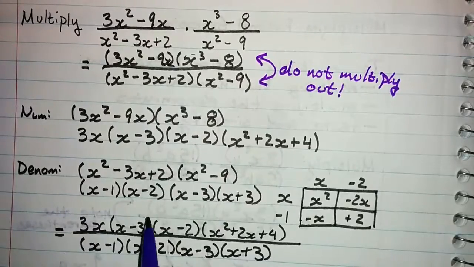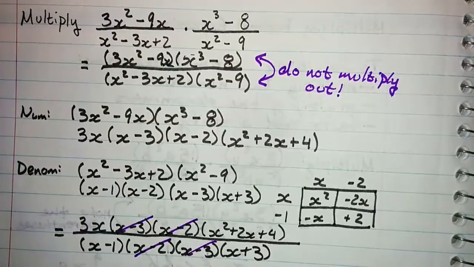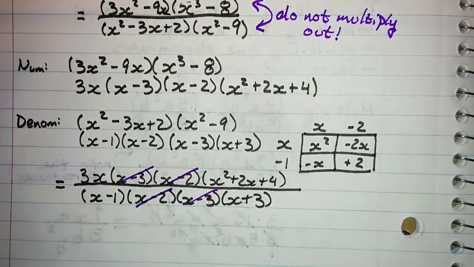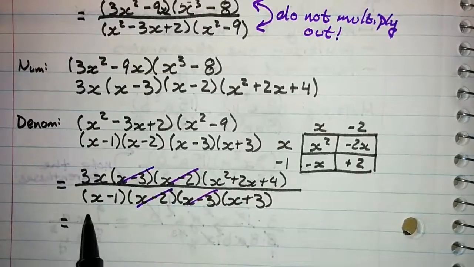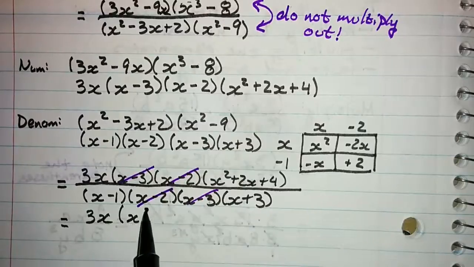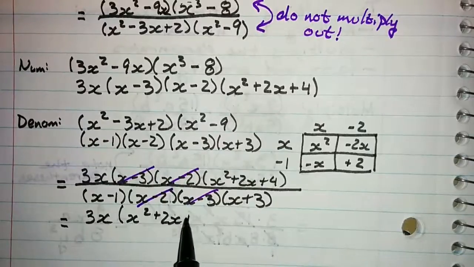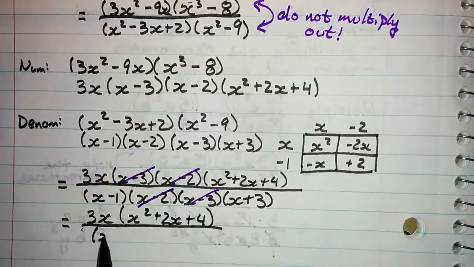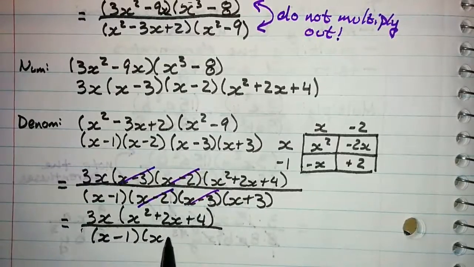Now we see we have common factors in x minus 3 and in x minus 2. And so finally, our answer is 3x times x squared plus 2x plus 4 over x minus 1 times x plus 3.